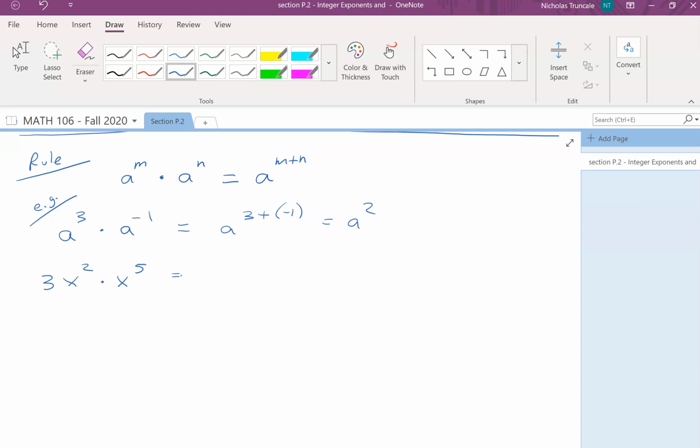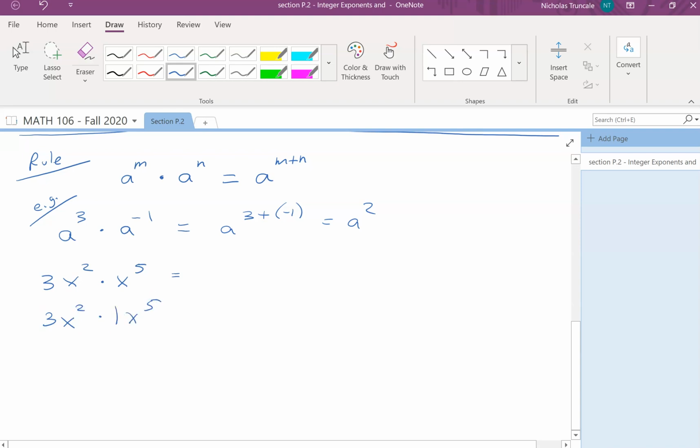By the way, when you just have something like x to the 5th, does that have what we call a coefficient? These would be the numbers that are next to variables. The coefficient for the x squared term is 3. What's the coefficient of the x to the 5th term? It's 1, right? So you can think about this as 3x squared times 1x to the 5th.